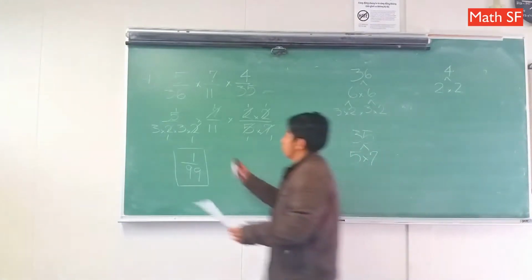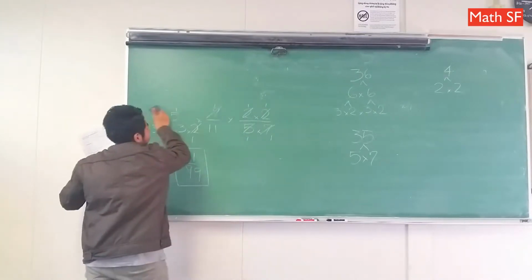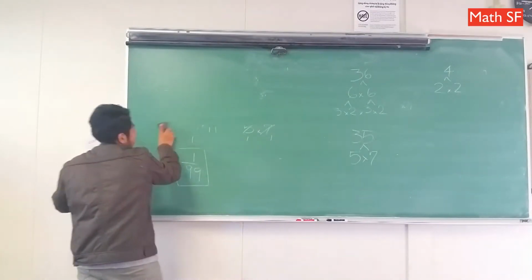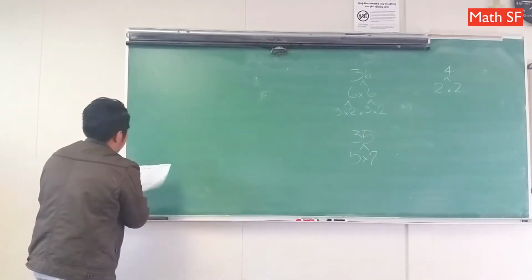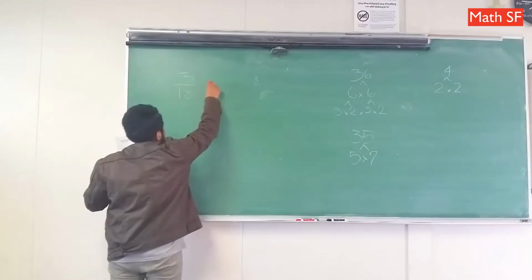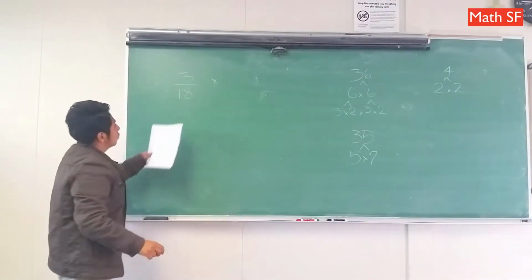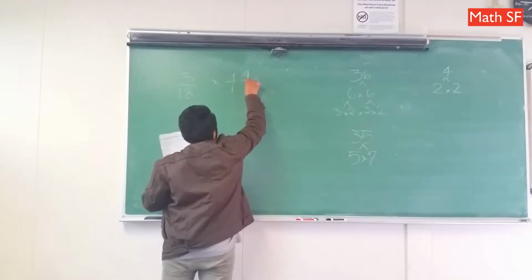Now, number 5. Since they say find the product of 3/18 and 4 4/5, we have to multiply 3/18 times 4 4/5.